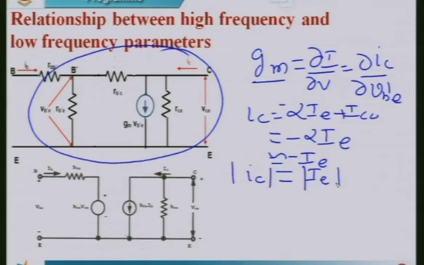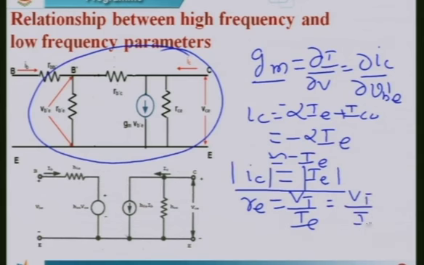Now, if we differentiate this I_C with respect to V_B'E, we get this value. We know that the input resistance r_e, when the diode is forward biased, is given by V_T divided by I_E, the emitter current. This is nothing but V_T divided by the magnitude of I_C, because the negative sign has to be removed.